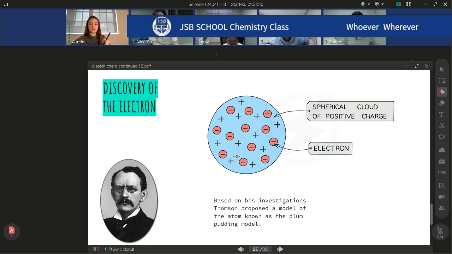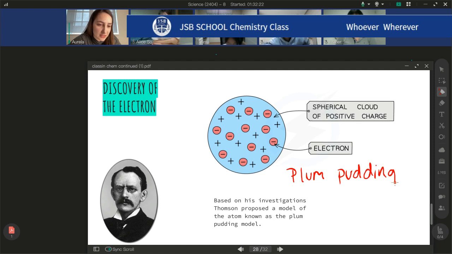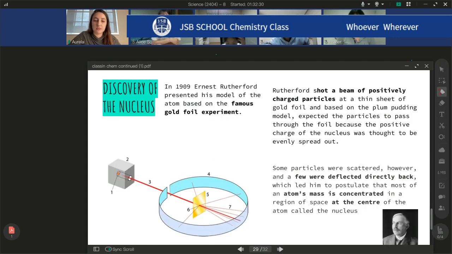And at that point in time, everyone thought this is what the atom looks like. Okay? And this is what we call the plum pudding model. So it has a bit of a funny name, to be honest. Plum pudding model.